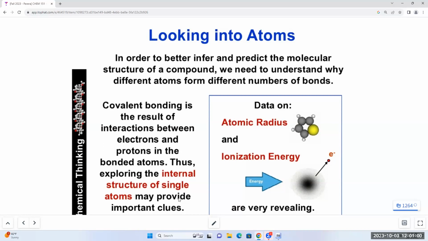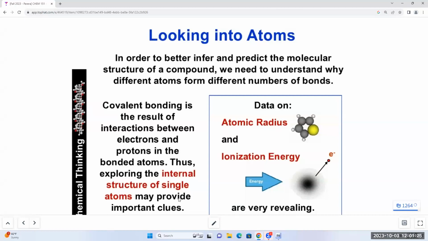What is determining the majority of the space of an atom? Thank you. The electron cloud. Electron cloud takes up most of the space. In other words, the size of the atom is determined by the size of the electron cloud. A larger electron cloud corresponds to a larger atom. A small electron cloud corresponds to a small atom.